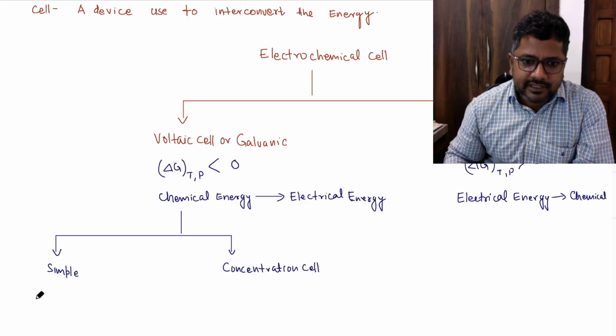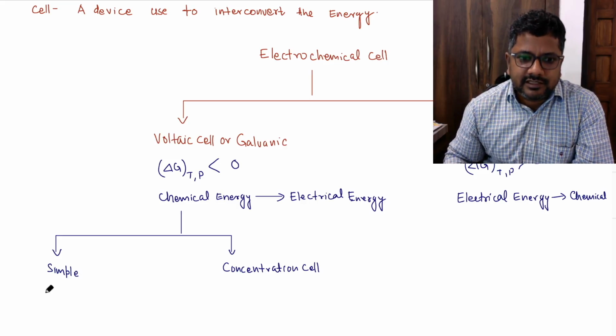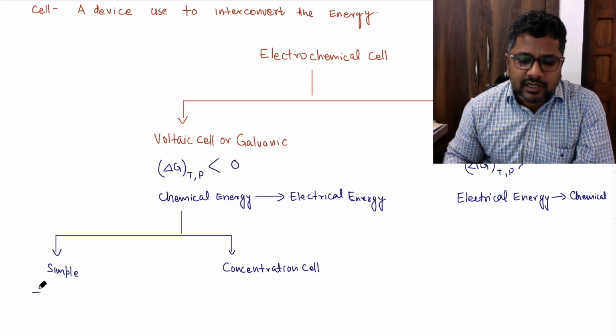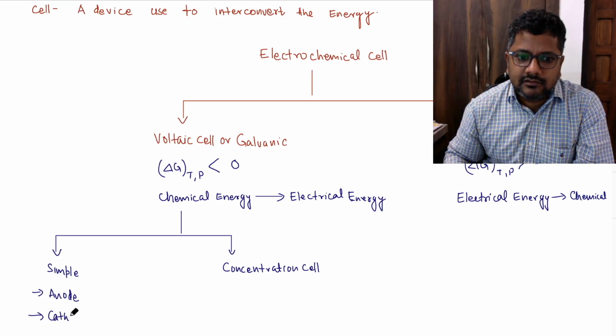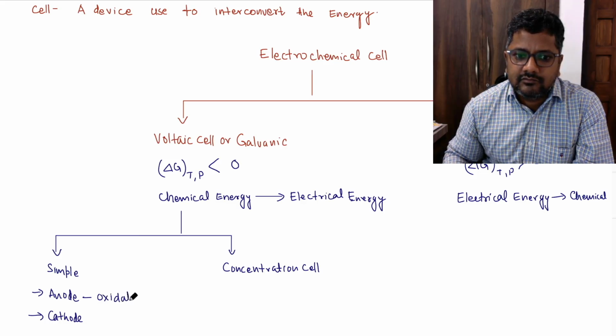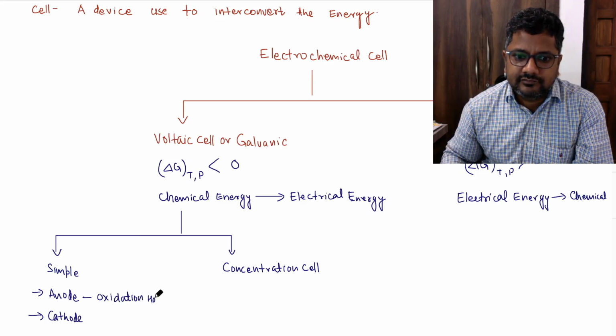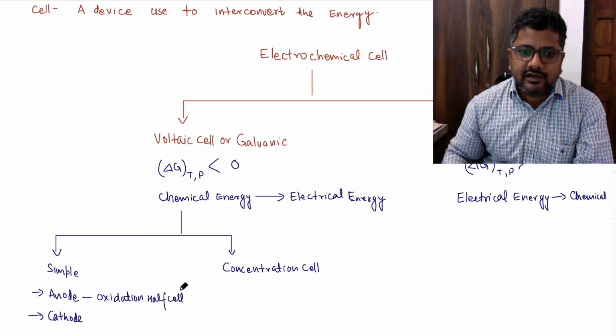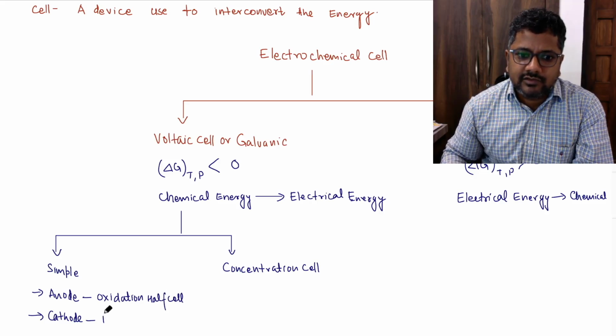So anode is the oxidation half cell, and cathode is the reduction half cell.